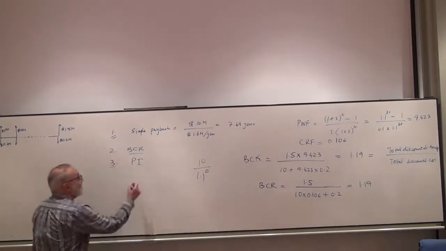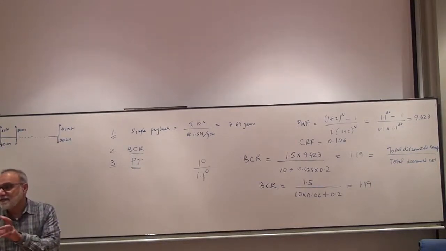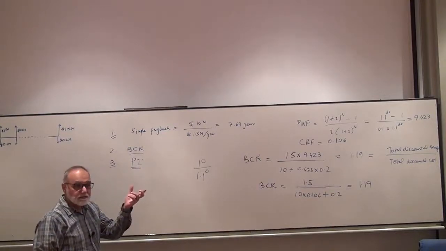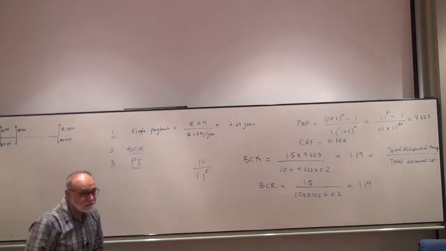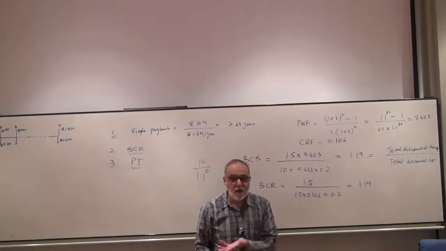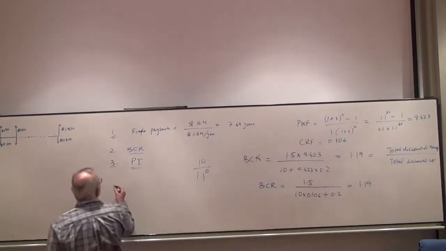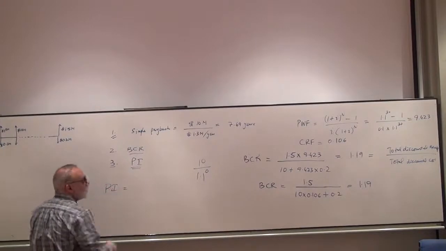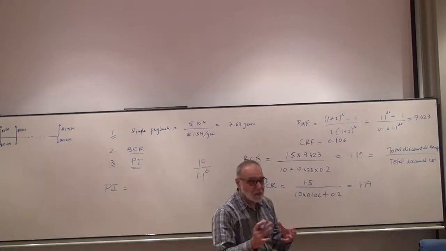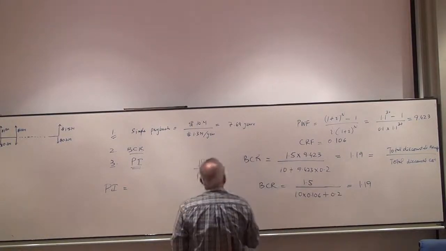Profitability index, PI. A slight difference. Profitability index is net discounted benefits divided by initial cost. So the profitability index is the net discounted benefits, which will be 1.3.